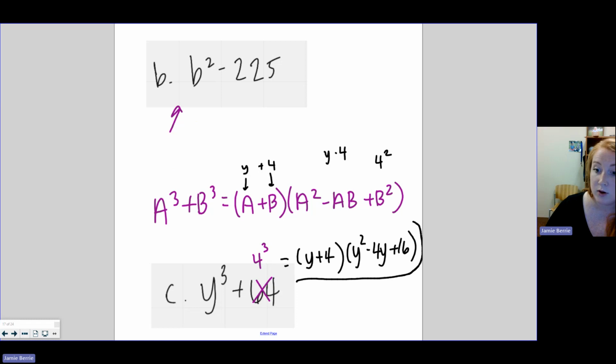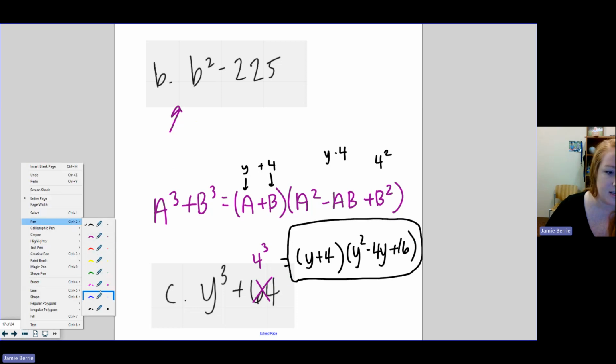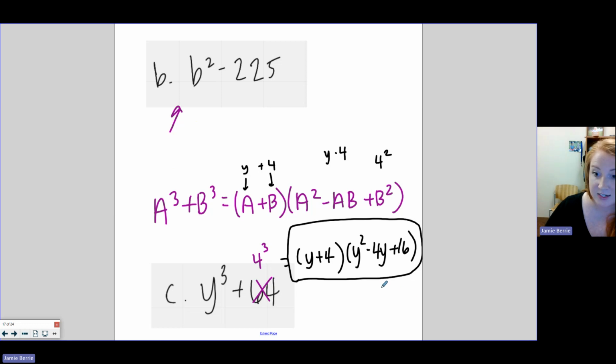You got it. One important thing to note that I forgot about till this moment: very conveniently, when you use a sum of cubes or a difference of cubes formula, special factorization, the trinomial in the second set of parentheses is never factorable.